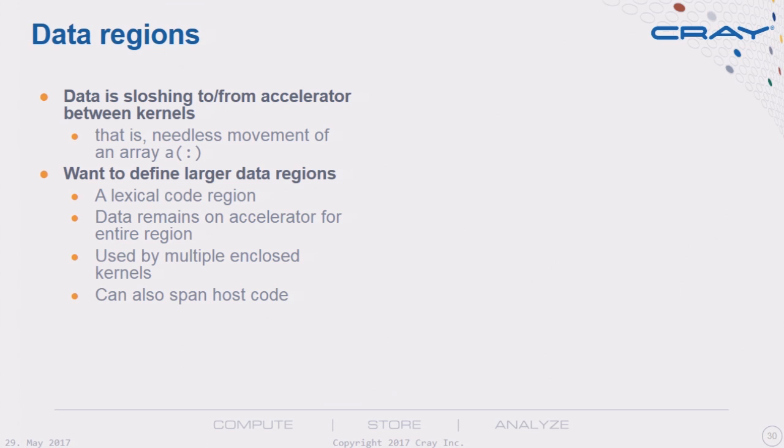In the last example, we wanted to have the data from the beginning of the first loop until the end of the second loop staying on the GPU and not copy it forth and back. That's what we can do with the data region. Therewith we can avoid this excessive copying of data.